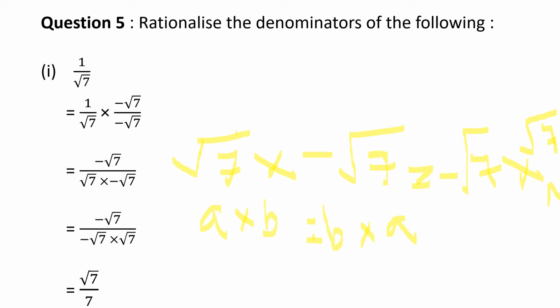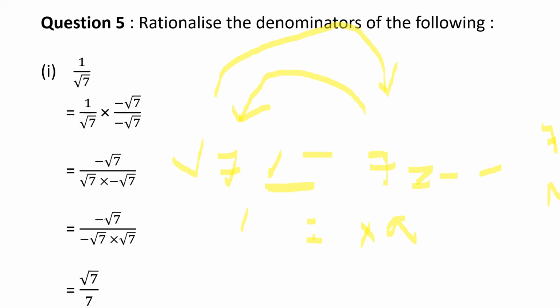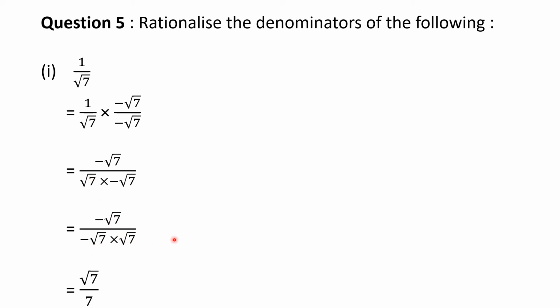So I can write it in the reverse manner. Root 7 minus root 7 I can bring here, 7 I can bring here, because both are multiplication. Will it make a difference? No. Why? Because we have the commutative property which tells us that the answer will be the same, right? So I use this commutative property, and in the next step, as you can see, minus root 7 I brought it here, 7 I brought it here. So it does not make a difference. Why? Because it's multiplication, right?